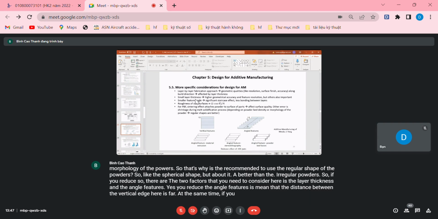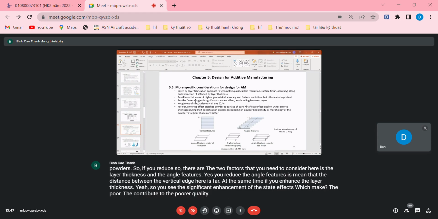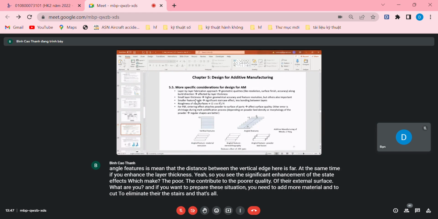At the same time, if you increase the layer thickness, you see a significant enhancement of the staircase effects, which contributes to the poorer quality of the external surface. And if you want to repair this situation, you need to add more material and cut, to eliminate the stairs, and that's all.